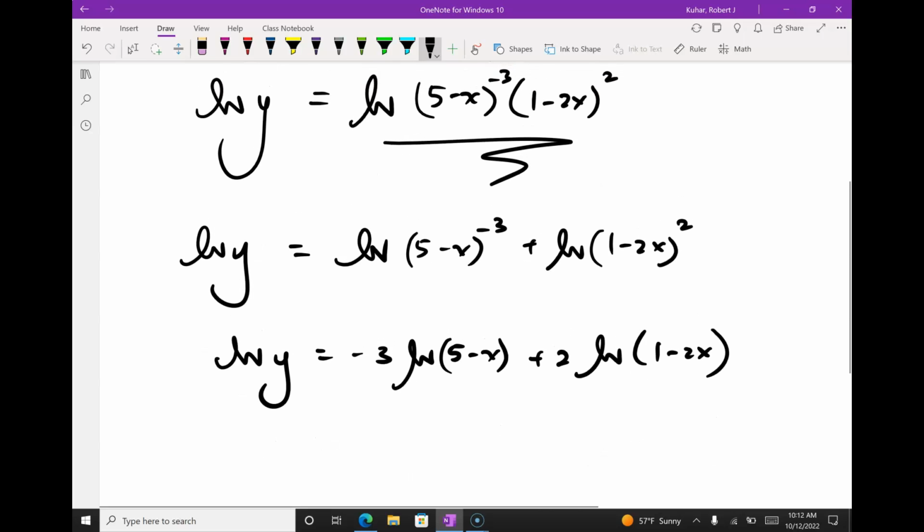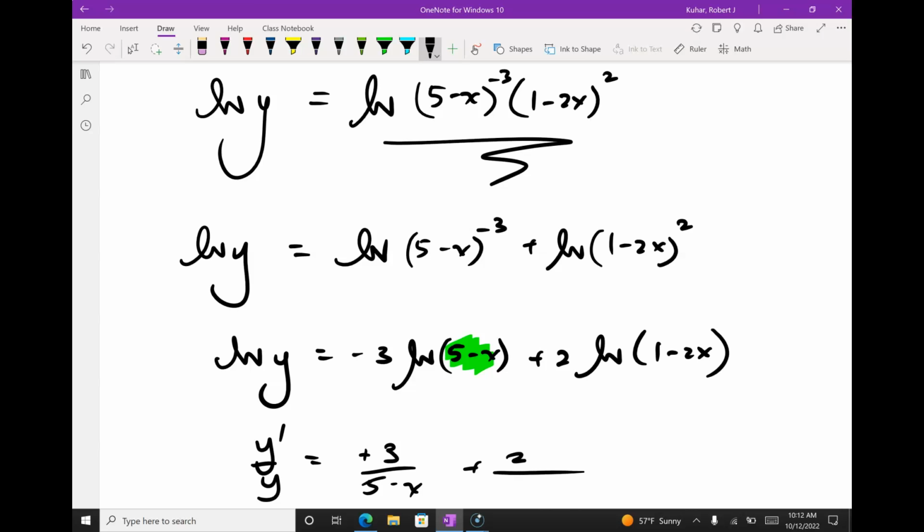Good. So what happens on the left when I do derivatives? I get y prime over y. I get negative 3. What's the derivative of 5 minus x? What's the derivative of the inside? Yep, so I get 3 over 5 minus x plus 2 times negative 2 over the inside of 1 minus 2x.